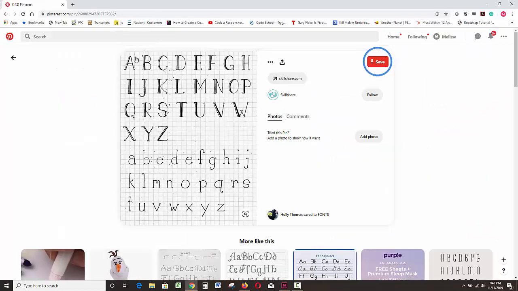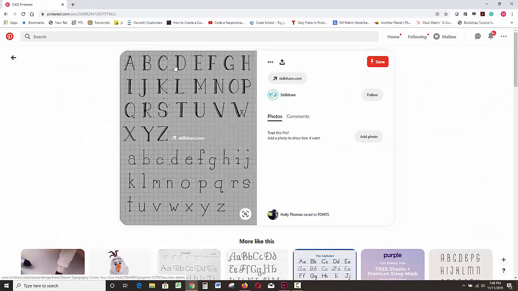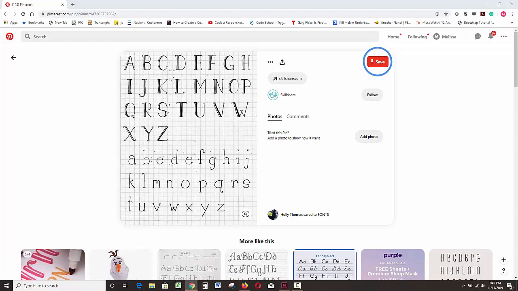You're going to do the uppercase and the lowercase. And the graph paper is going to help you, okay? Because remember, you've got to make sure that you've got all of the anatomies of the font typeface, right?